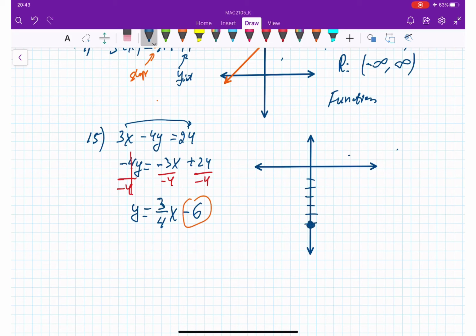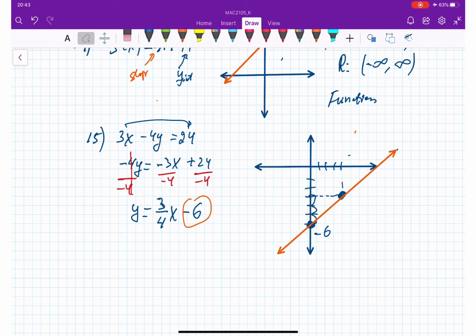This is 1 point already. And 3/4. So this is negative 6. We are going up by 3: 1, 2, 3. And then positive 4: 1, 2, 3, 4. So from here coming to 4. There we go. This is the second point. So the graph looks like this. There we go.